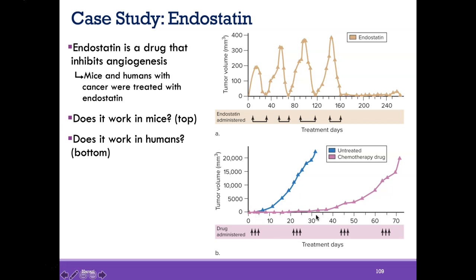So with the chemotherapy, it seems like, without the control and untreated, the tumor pretty much grew in 30 days. With the chemotherapy drug, that tumor did not grow to the same size until twice as long, until after 70 days. So the endostatin helped delay tumor growth in humans.